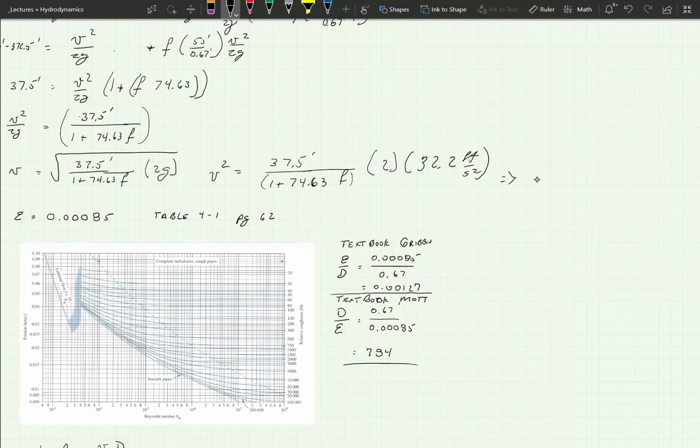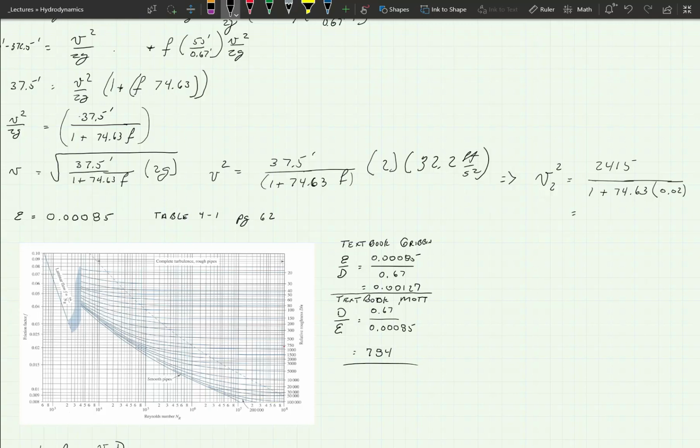So we're going to wind up with V2 squared equal to 2415 over 1 plus 7463 f, and we're going to assume a friction factor.